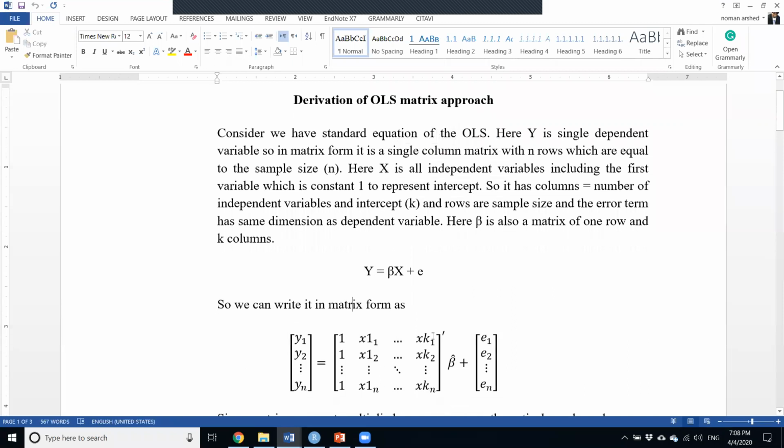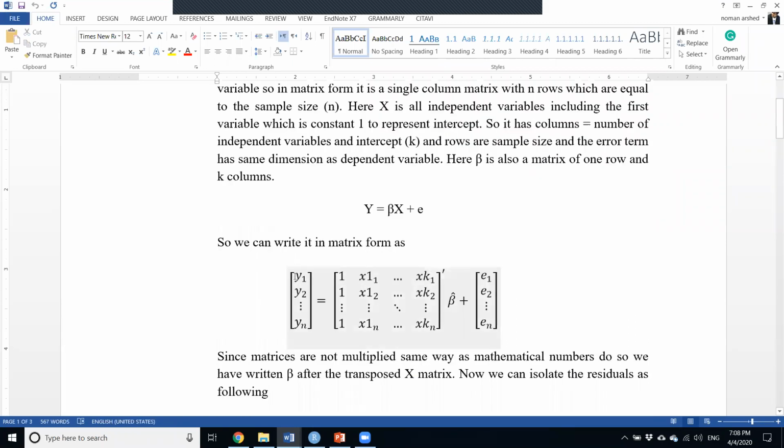Now we open the matrix form. We have y as a matrix of y1 to yn. So there are n observations. So it's a y matrix of n rows and one column, and x is a k by n matrix. K is the number of variables and n is number of observations.